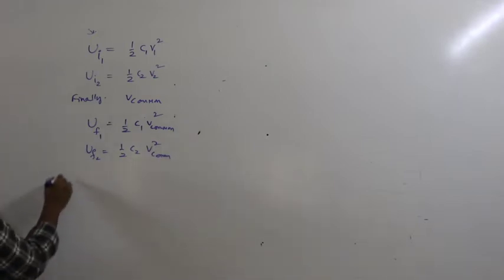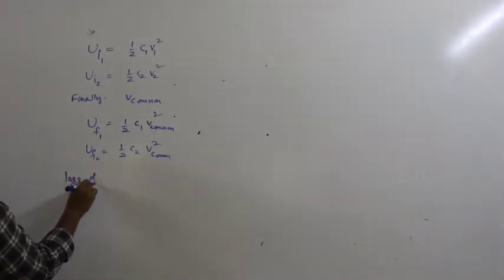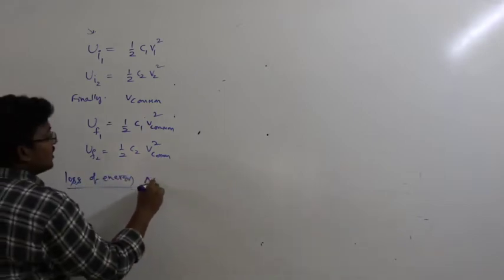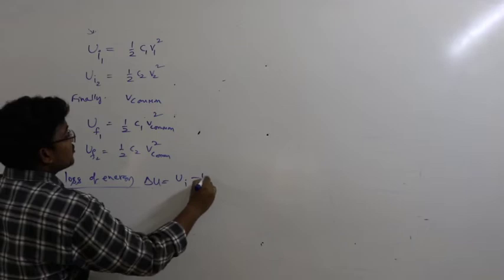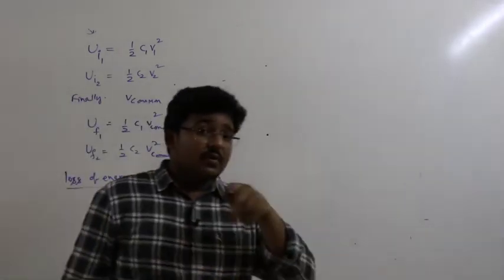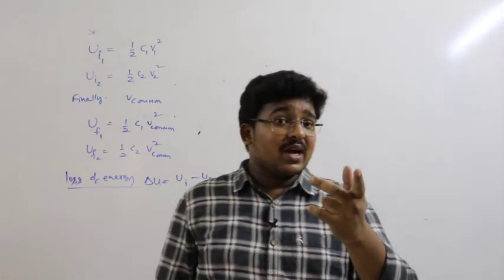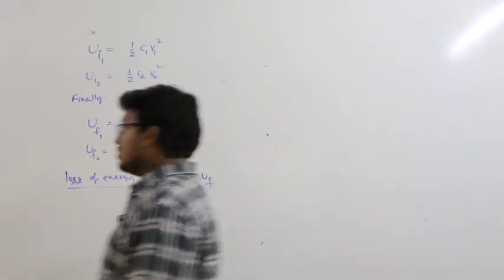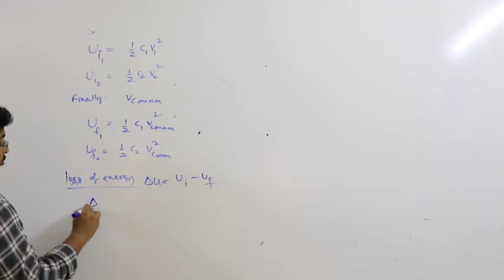Now what is the loss of energy? The loss of energy delta U is equal to initial minus final, because in the final charge distribution a loss takes place. Initial is more than final, so delta U = Ui minus Uf.